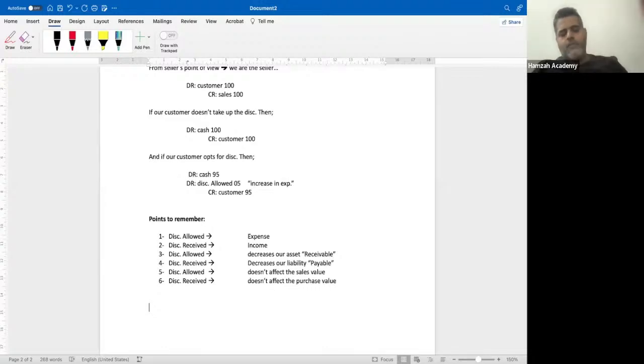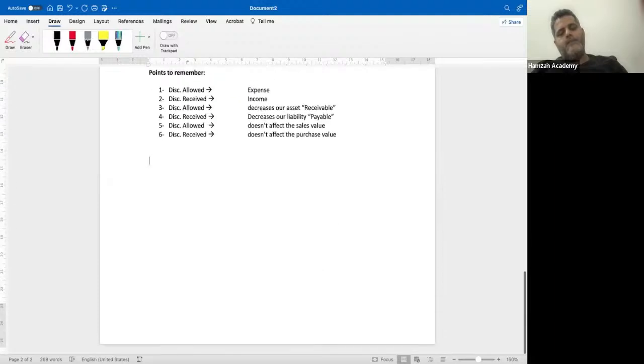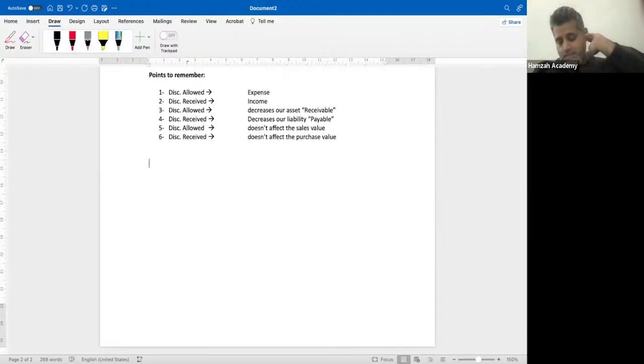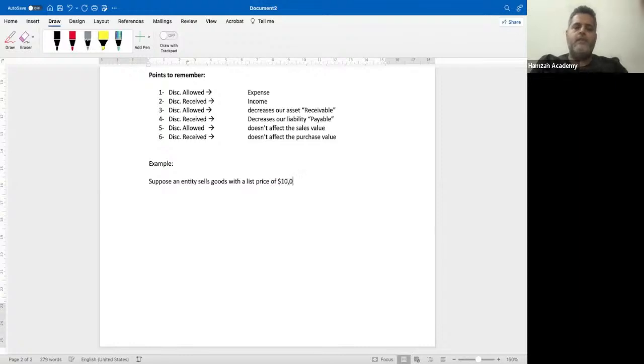Okay. Now, moving ahead from here, this is the maximum thing that you can have. Let's just talk about a little different example, and then obviously we'll move forward. Suppose an entity sells goods with a list price of $10,000, right?